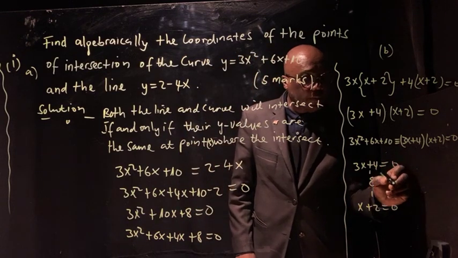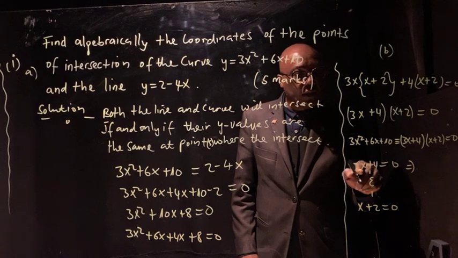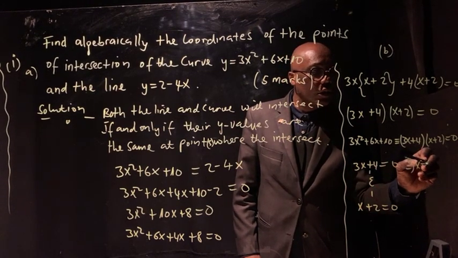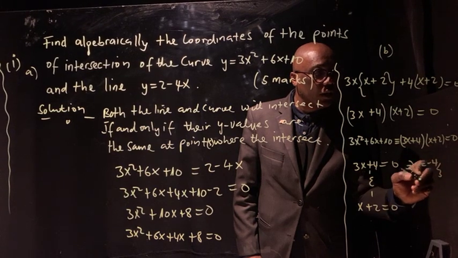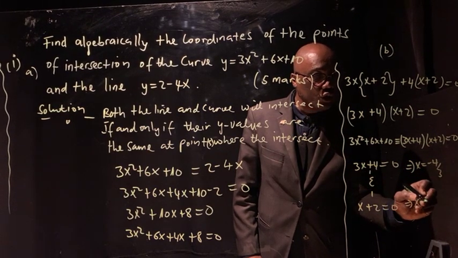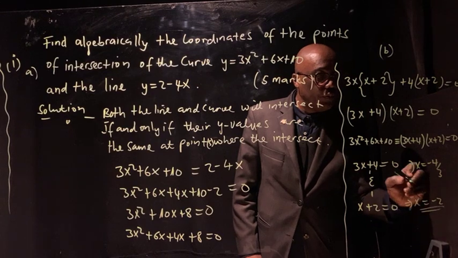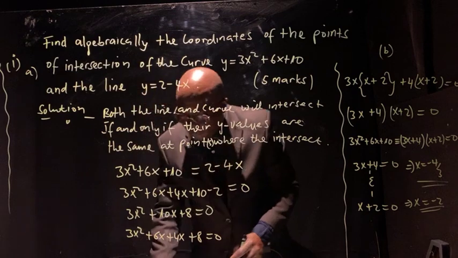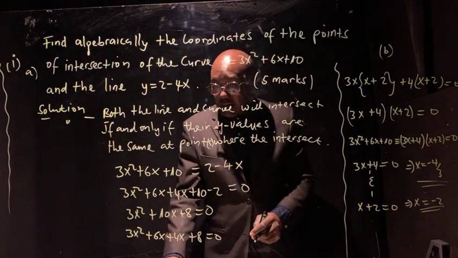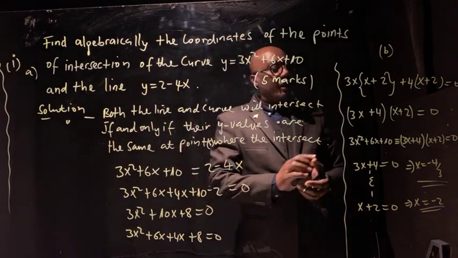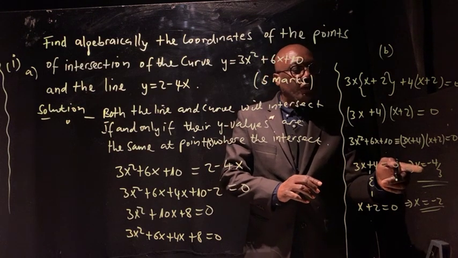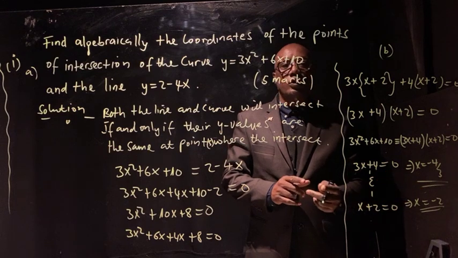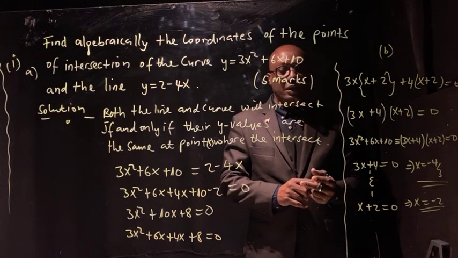You can see that from here x equals minus 4 over 3, and here x equals minus 2. Yeah, you can see it on the screen. This is my remote. If I can see it here, you can see it there. Now, these two values of x are the x coordinates where the line and the curve will meet.